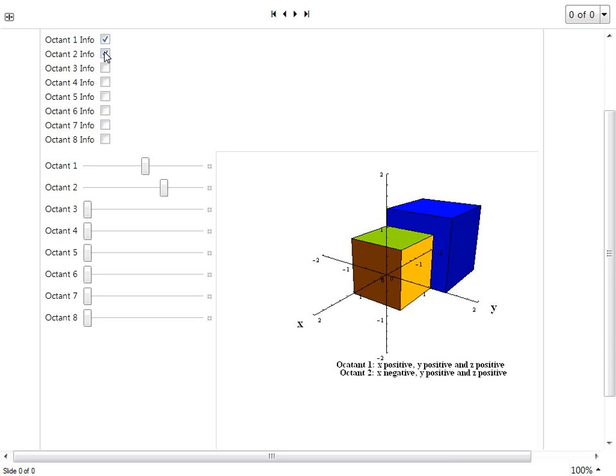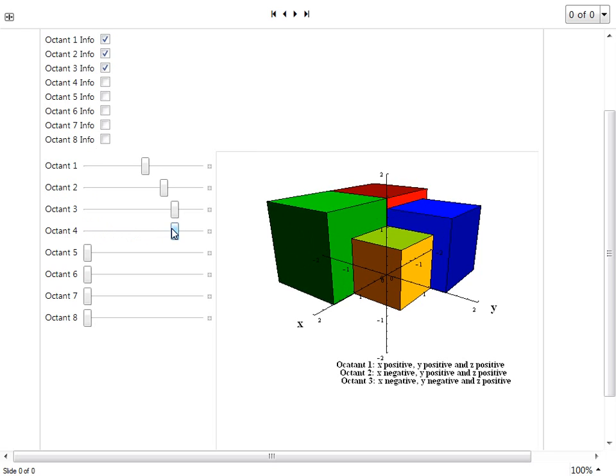X negative, Y positive, Z positive. And then octant 3, what's the requirement to be over there? X negative, Y negative, Z positive. Octant 4, positive X, negative Y, positive Z.